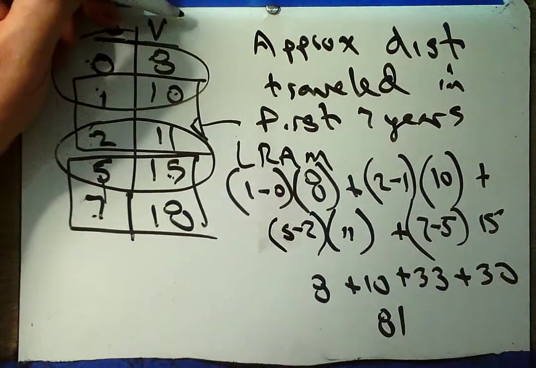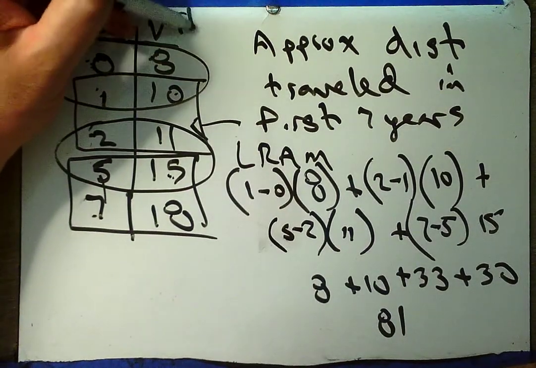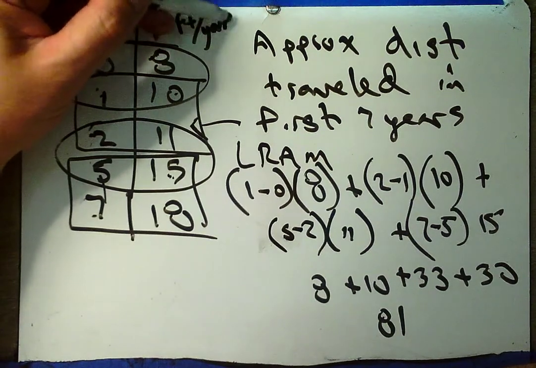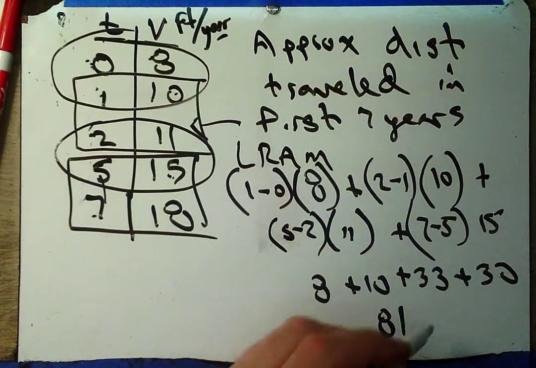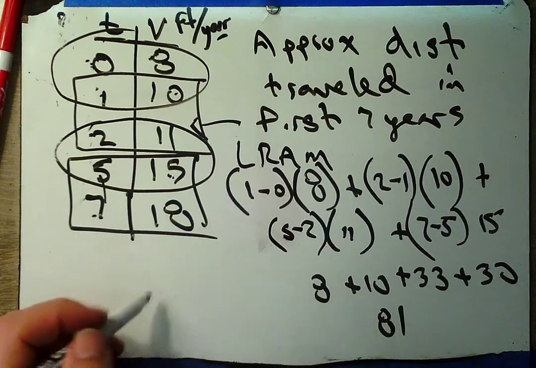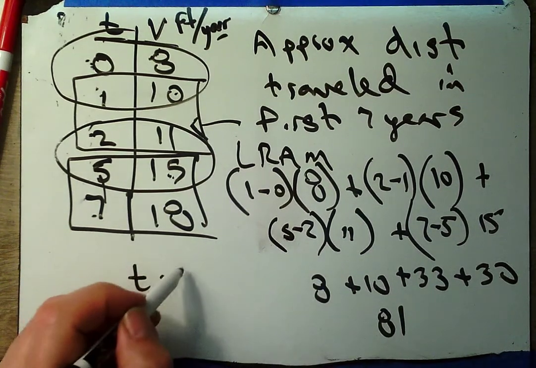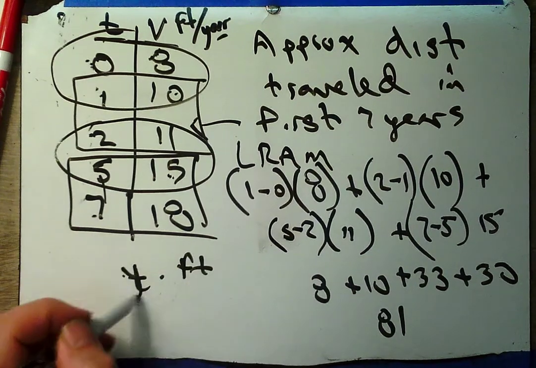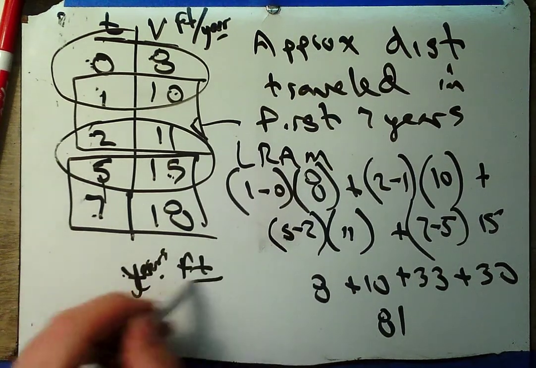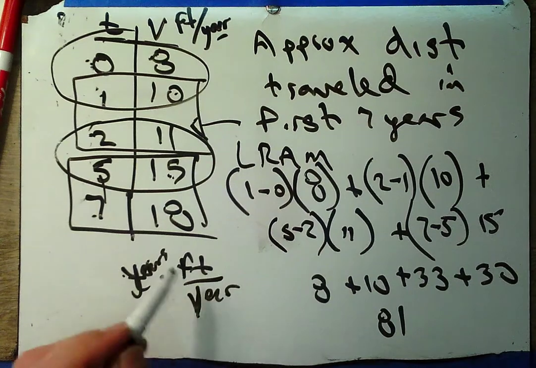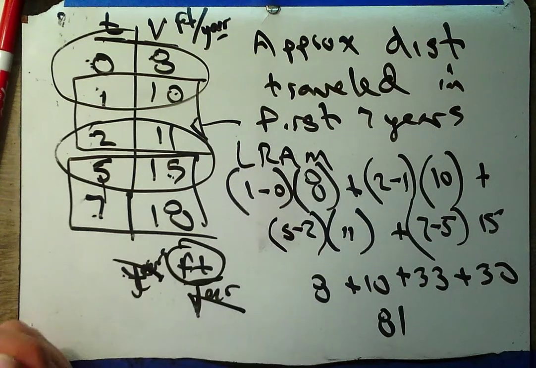So how about feet per year? And so I can say, when I multiply the time times the feet per year, what I'm getting here is feet.